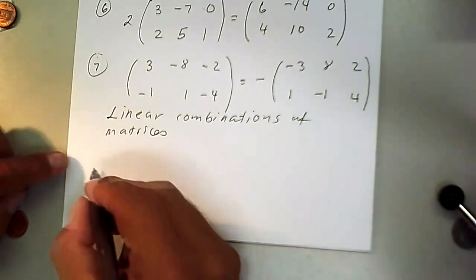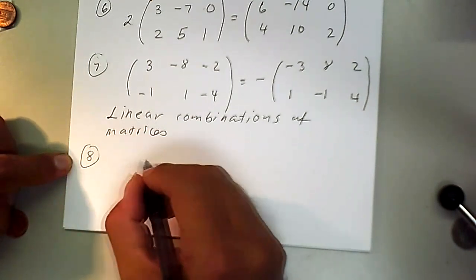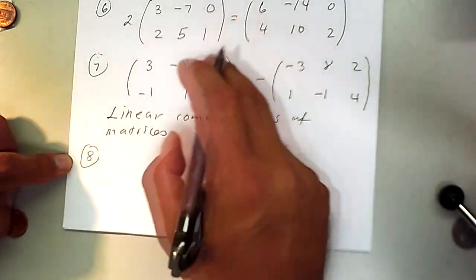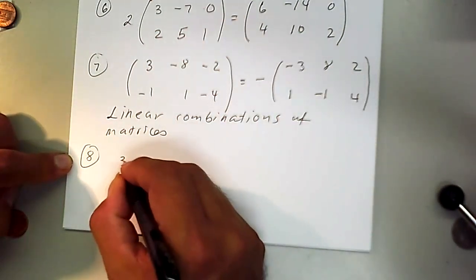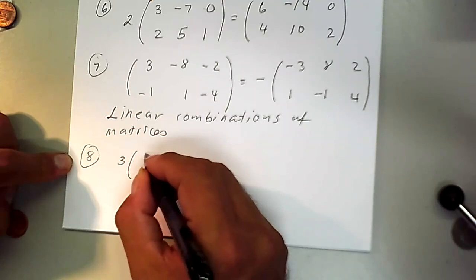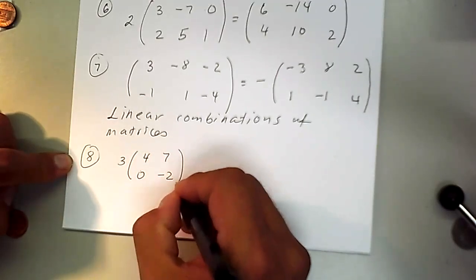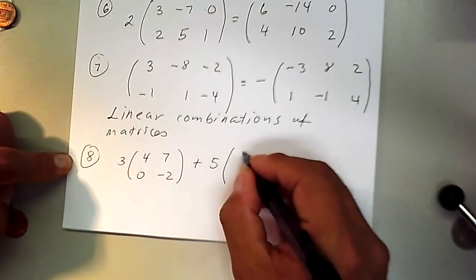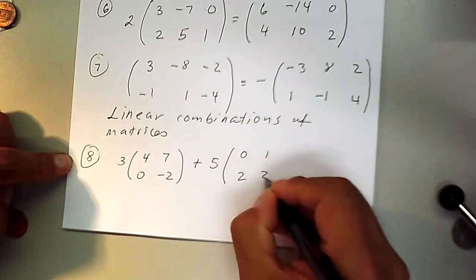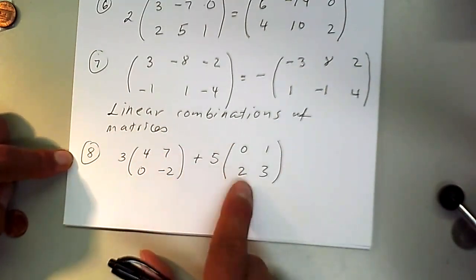So for instance, example 8, I'm going to use a smaller matrix just because 2 by 3 gets kind of big on this page. But let's say you have 3 times the matrix, 4, 7, 0, -2. And then we're going to add 5 times the matrix, 0, 1, 2, 3. Okay, so that's a linear combination of those 2 matrices.